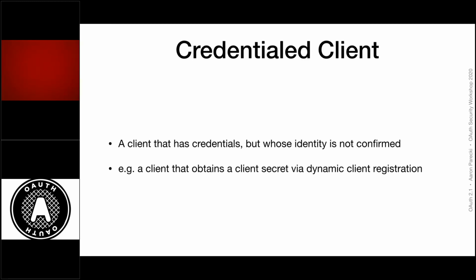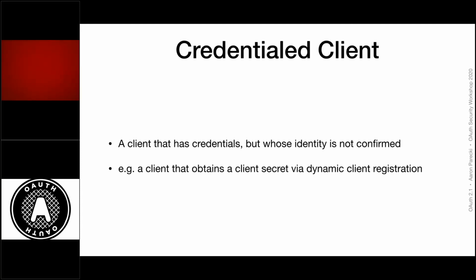So that's the credentialed client. That's probably the biggest change from the core because it is a new term. But like I said, that term is still up for debate.